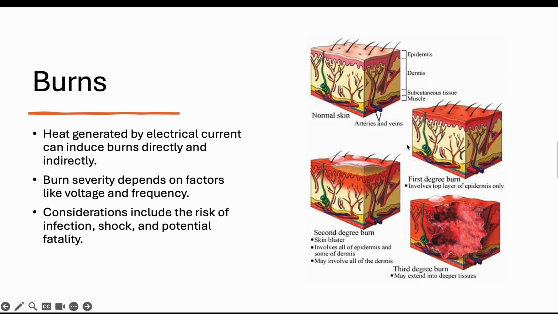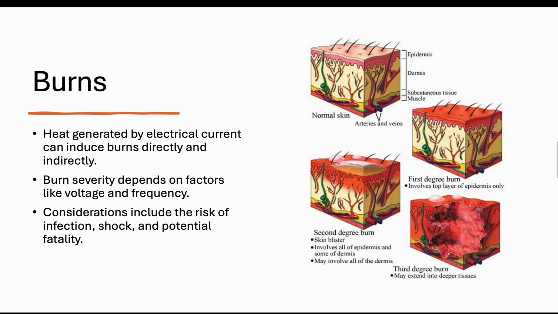Now second degree burns include the epidermis and the actual dermis layer. With this one, there's more swelling and more severe pain for the affected individual. In terms of healing time, it's a longer healing time, and potentially there is scarring as well.